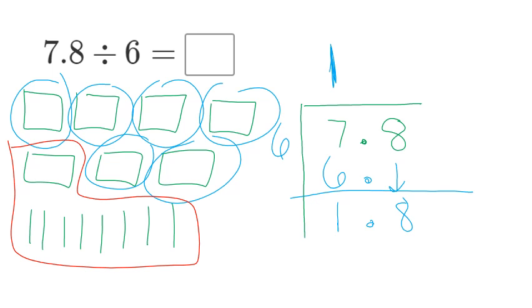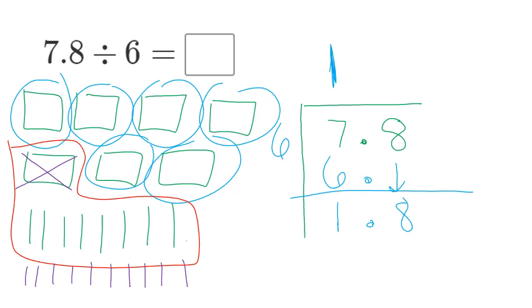Now, I can't put this into my groups of 6 the way it is. It has to be split up. So what I can do is take this whole and trade it for 10 tenths. 1, 2, 3, 4, 5, 6, 7, 8, 9, 10.